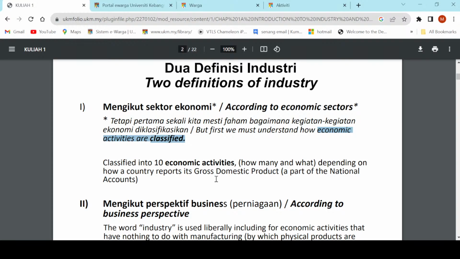So depending on the country. But usually they follow international convention, by the World Bank, by the IMF. So let's go. Number 1, number 2 later on.